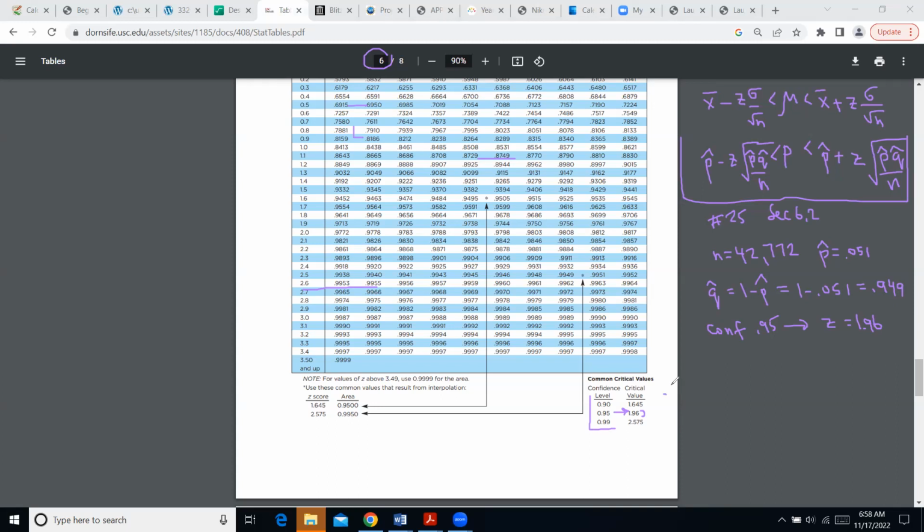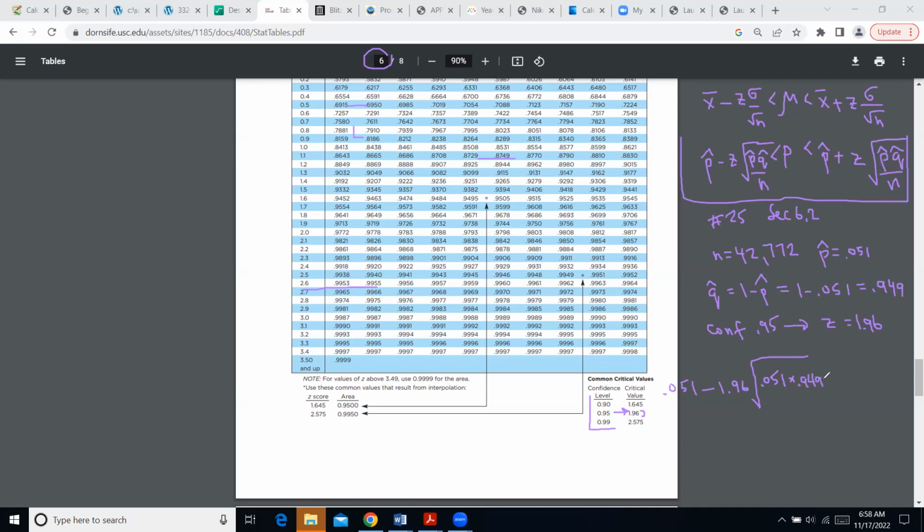So let me put 0.051, subtract the z-score 1.96, right? And then we multiply this by the square root of 0.051 multiplied by 0.949.